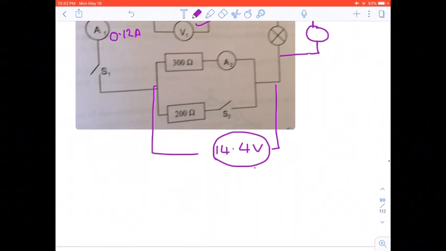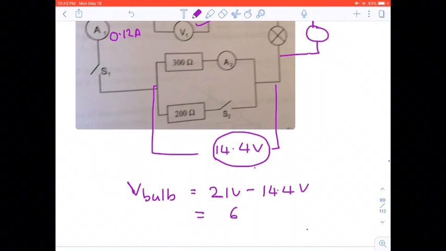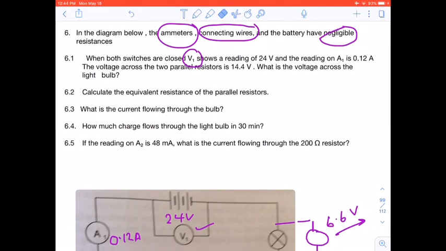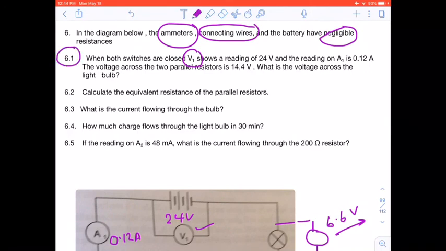The voltage of the bulb is equal to 24 volts minus 14.4 volts, which means it will be 9.6 volts. So this is going to read 9.6 volts.